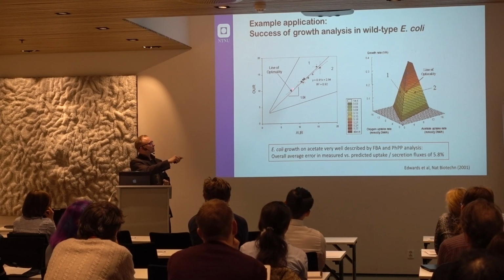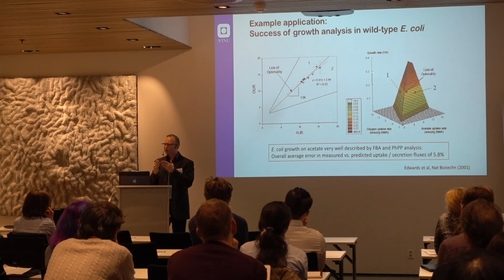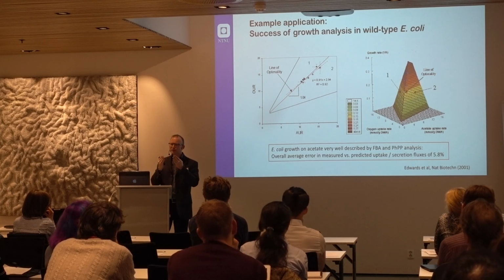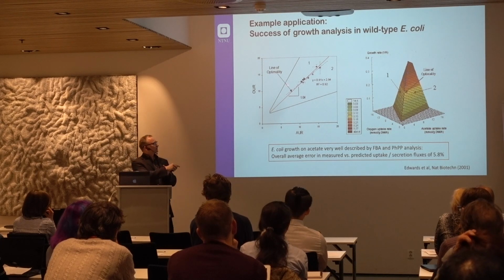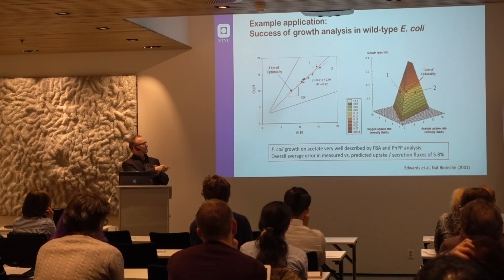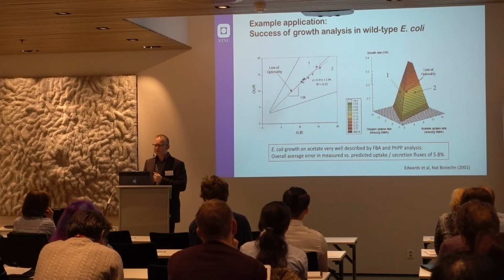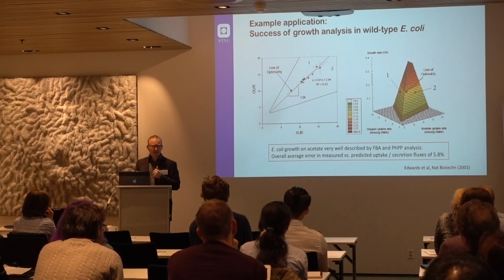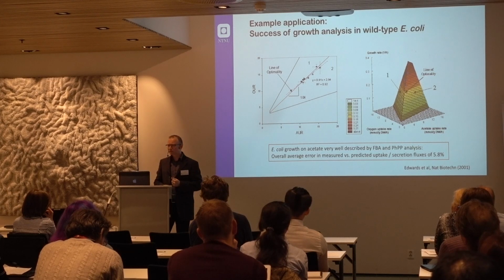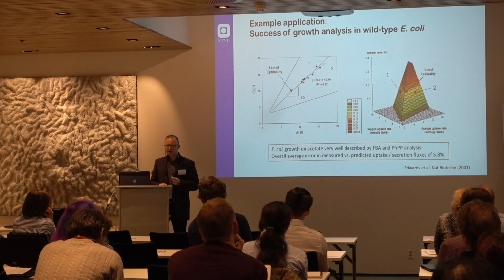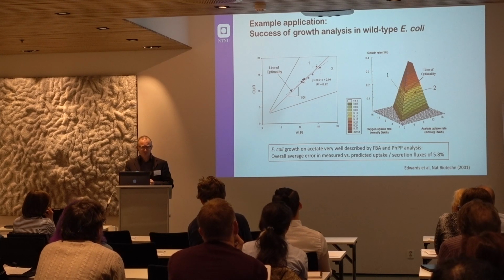And this red line corresponds to the best way of combining the carbon source and the oxygen. That's where I get most bang for the buck. And as you see, nature has found that place, that sweet spot. So that's an indication that yes, there is optimization going on, and that this very simple framework is able to come up with very high quality predictions of what is happening.